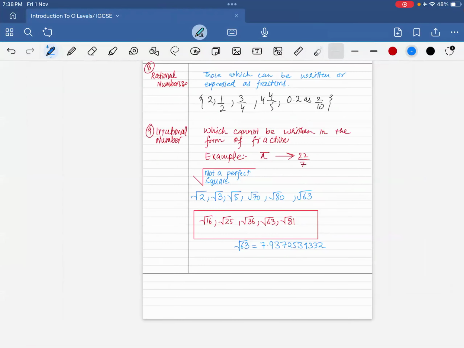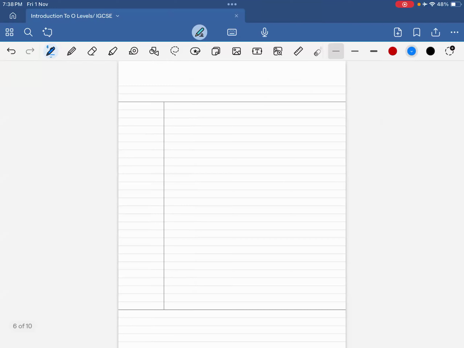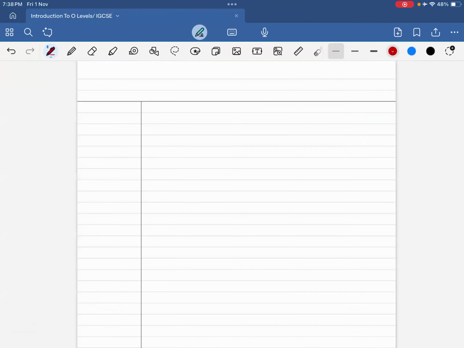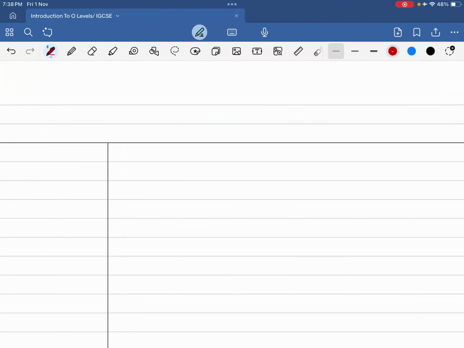All right. Now we need to understand, after irrational numbers, that we have two families which are very much known to you, but sometimes as a student we forget that. One family is the square family. According to the syllabus, the examiner is saying that you are bound to memorize the first 15 squares.